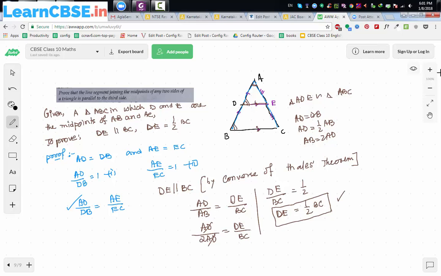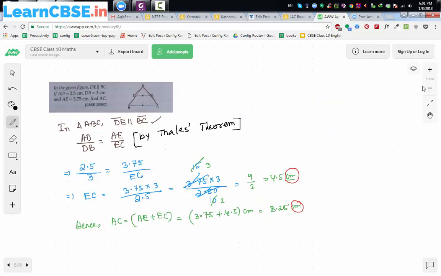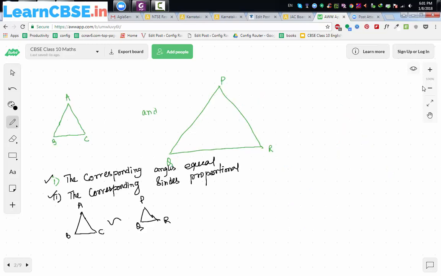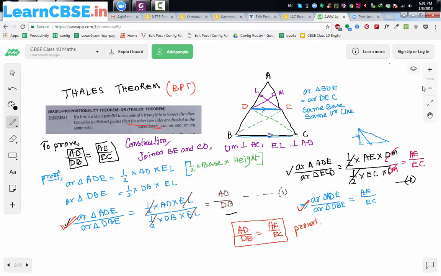So that's what the midpoint theorem is. Today we did the basic proportionality theorem and similar triangles. The BPT theorem says that a line parallel to one side of a triangle will intersect the other two sides in an equal ratio, so AD by DB equals AE by EC.